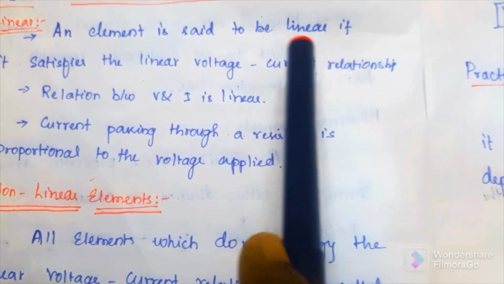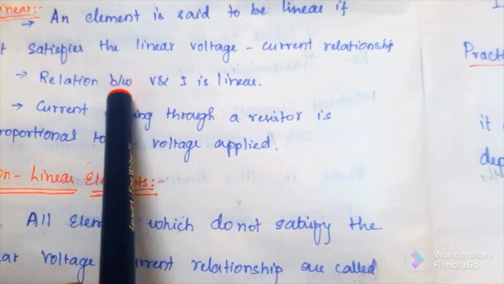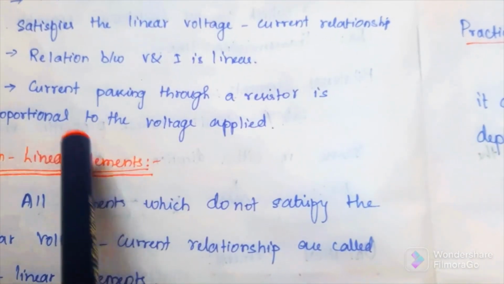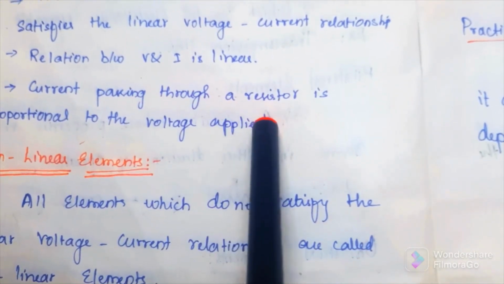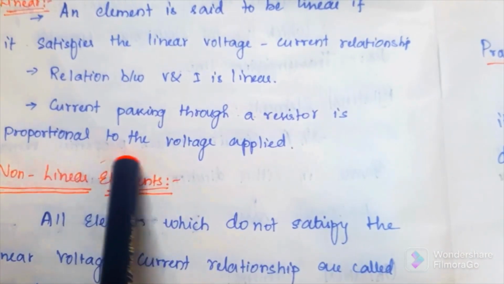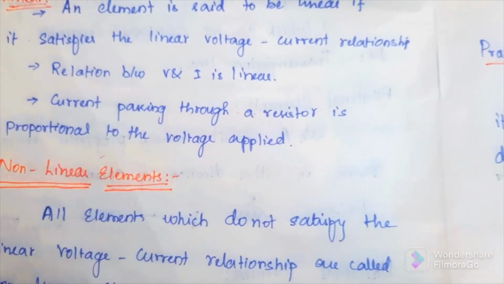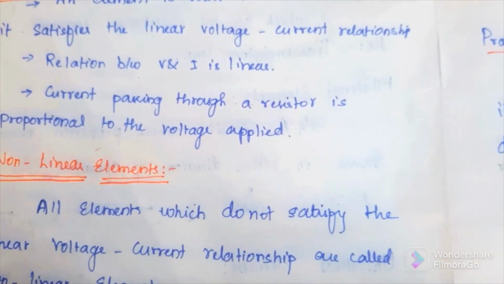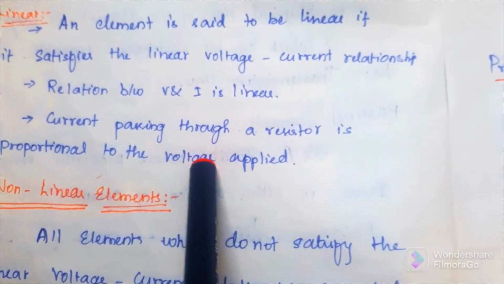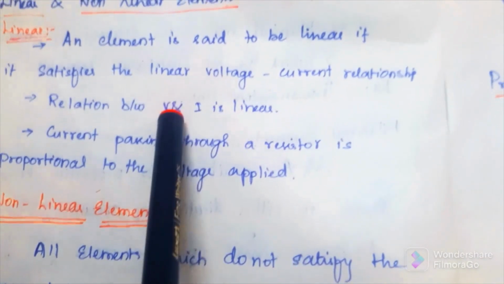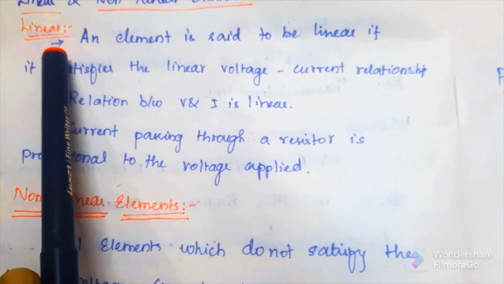The relation between V and I, that is voltage and current, is linear. The current passing through a resistor is proportional to the voltage applied. So current is proportional to voltage, and voltage is proportional to current. That is called linear operation. Any element which satisfies the linear property can be called a linear element.